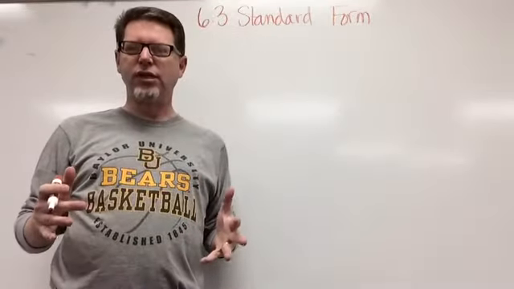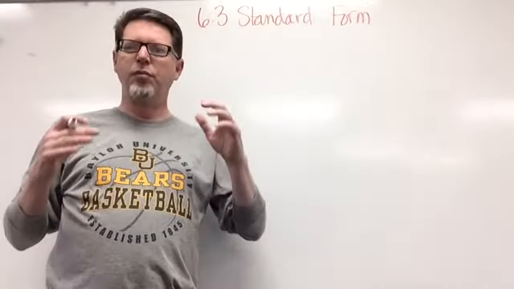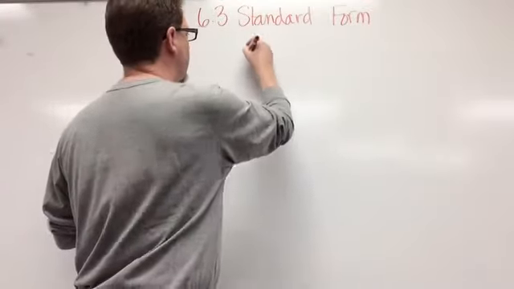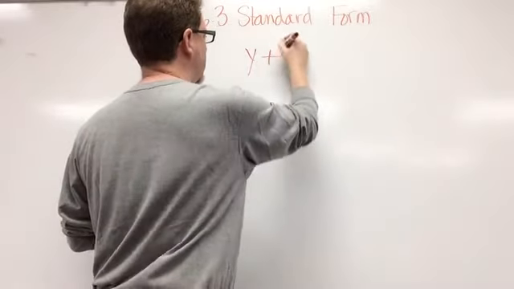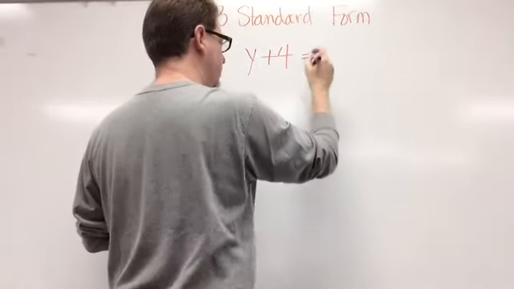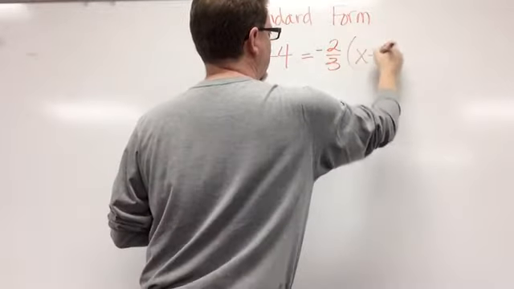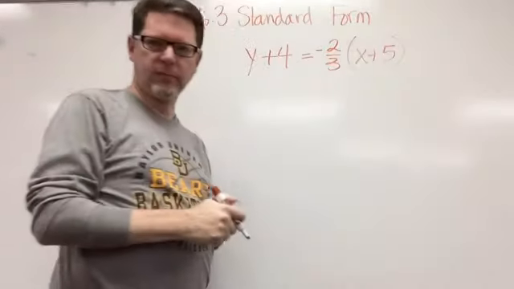Let's do one more just to practice it, going from point slope form to standard form. So let's say I'm given the equation y plus 4 equals negative 2/3 times the quantity of x plus 5. Okay?